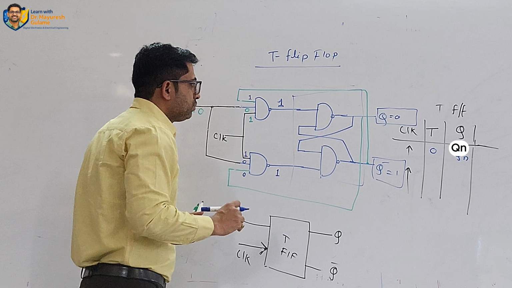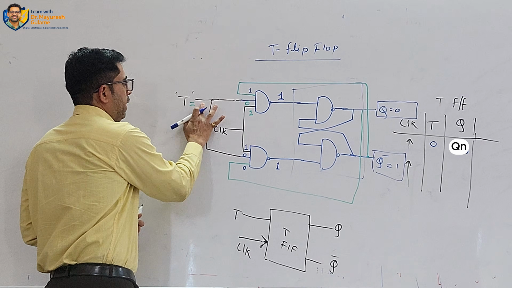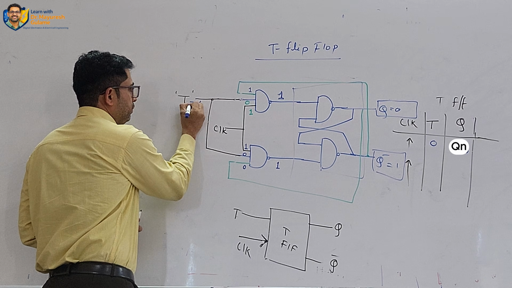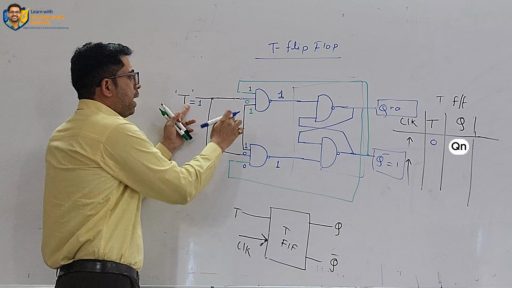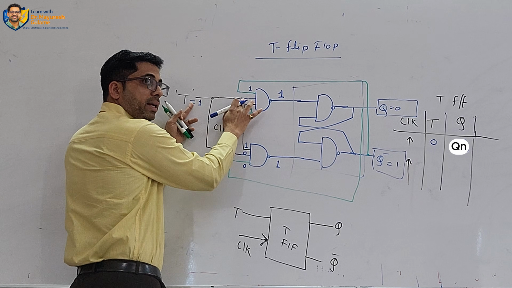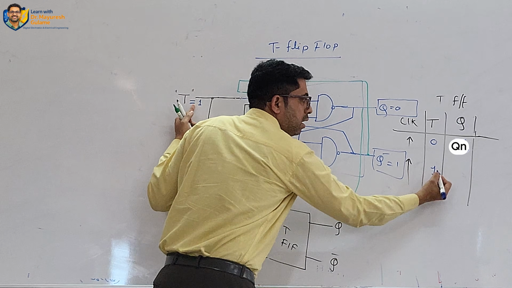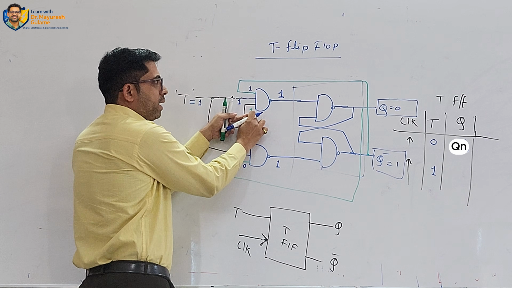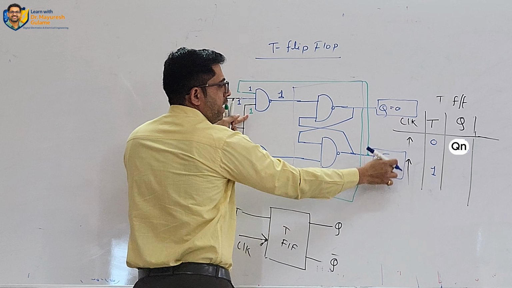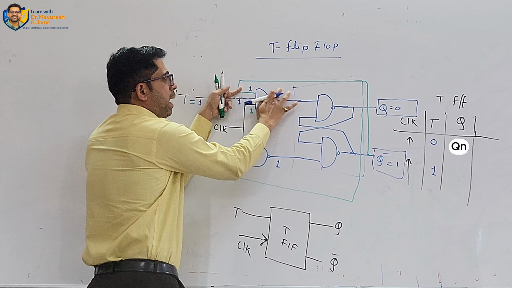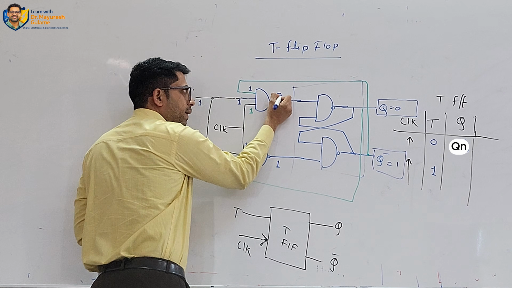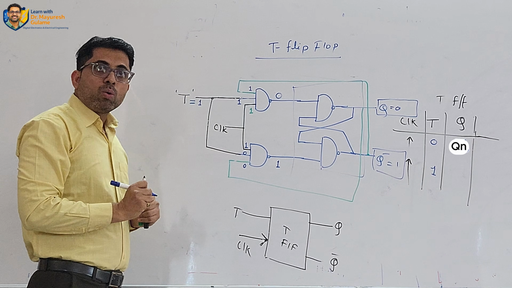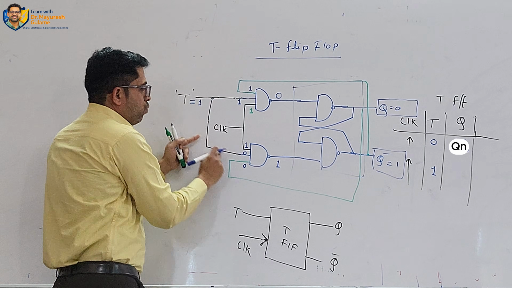Now if I give T as 1, what will happen? Another input is 1, and the clock is 1.